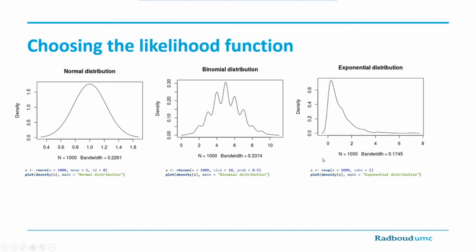And then there's one that you might encounter also quite often in medical science. That's something called the exponential distribution. And this is something where the values that you can observe are somewhere between 0 and infinity. And this is something that you see in lab values, for instance. Like your blood glucose, it will never be 0, because if it's 0, you're dead, and it may take a very high level, something like 20.